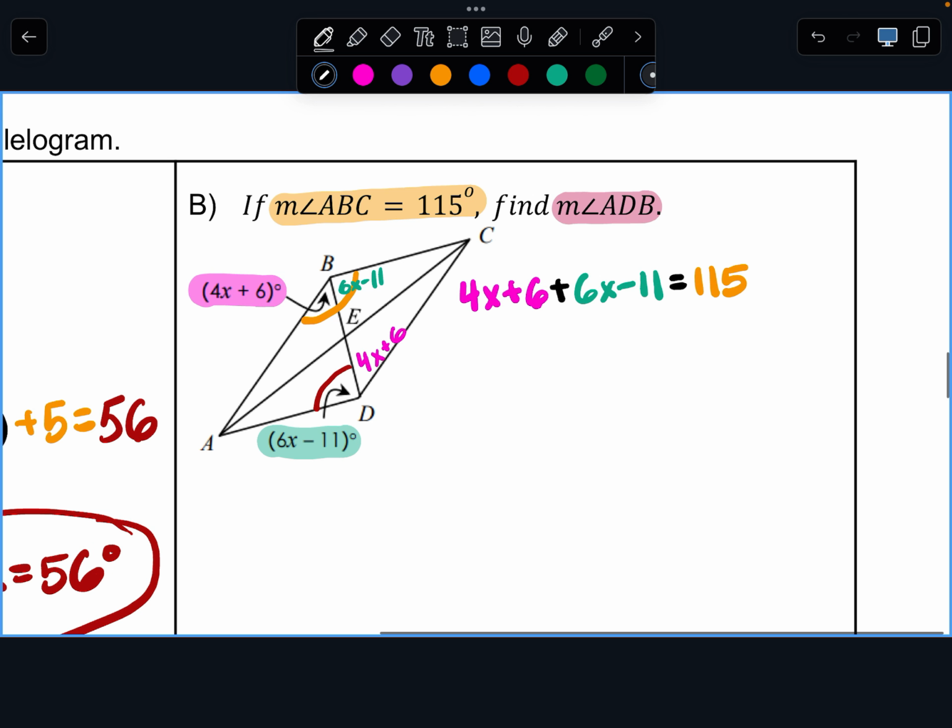I'm going to put the little note up here: alternate interior angles are congruent. So let's solve.